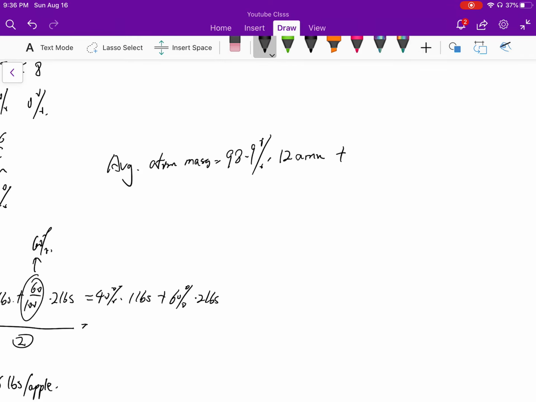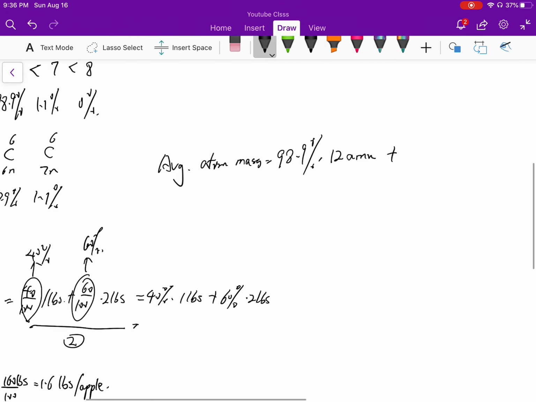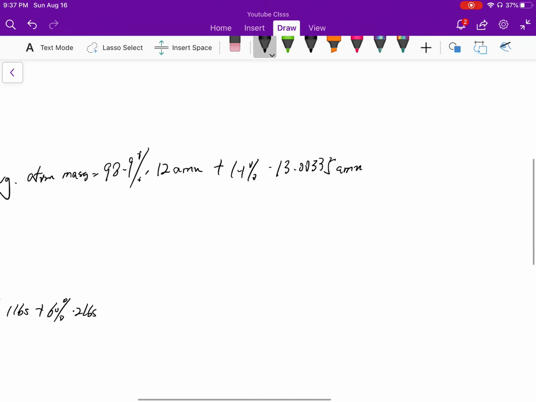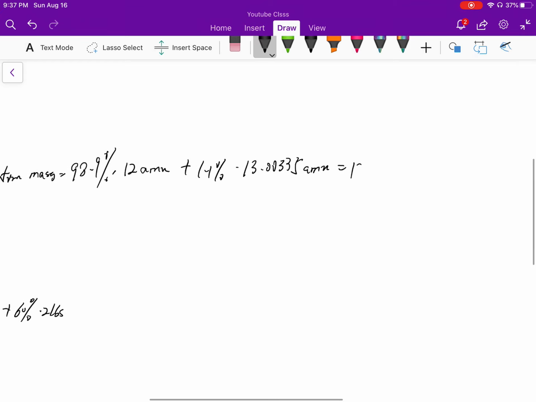plus, now I want to go for the second one. The second part is for the one with 7 neutrons, which will be 1.1% times its molecular weight. Let's say it's 13.00335 AMU. And if I calculate this with my calculator, I get 12.01 AMU.